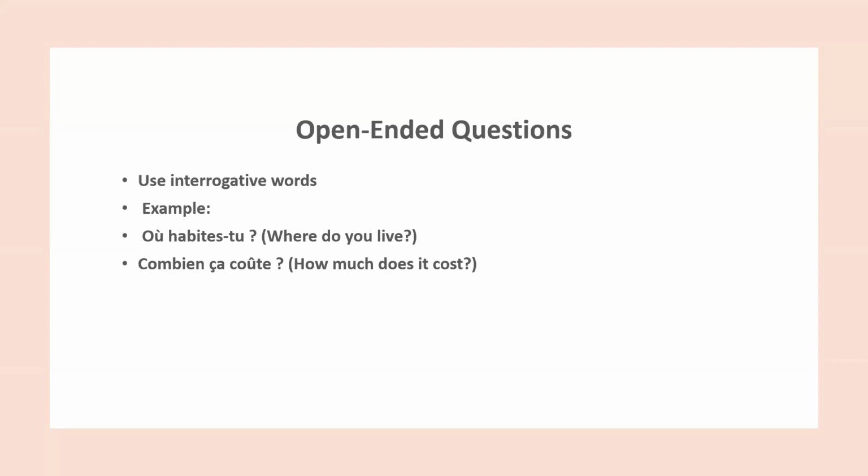They don't answer with yes or no. "Combien ça coûte?" How much does it cost? It's going to be it costs $12 or $20 or something like that. So please take note that open-ended questions are used with interrogative words, not est-ce que, not inversions, and not intonation.